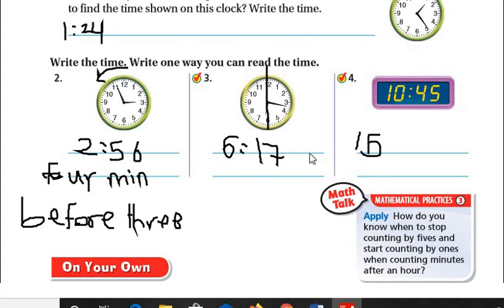Okay? Or you can go backward like this. 5, 10, 15, because we know at 9 we have 45. So it's 15.